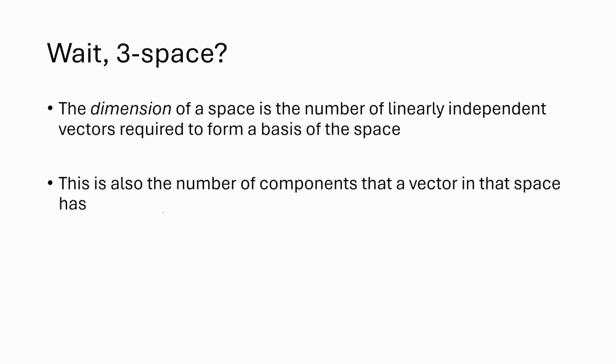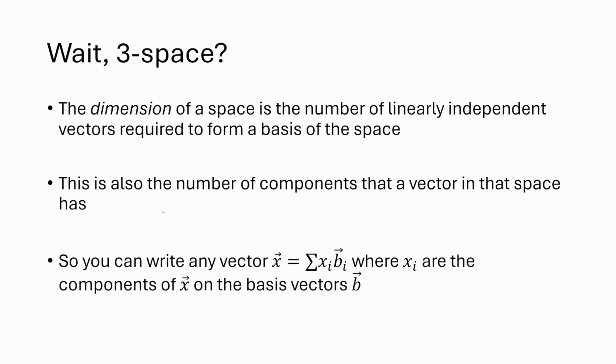Lots of other possible examples here. But the dimension of a space is also the number of components that any vector in that space has. Like with my Earth example, every point on the Earth has a latitude and a longitude. It's a 2-dimensional space because you need 2 numbers to describe where things are in that space. And this means, now that we're starting to look forward, that any vector in a space is written as a sum of basis vectors times components.